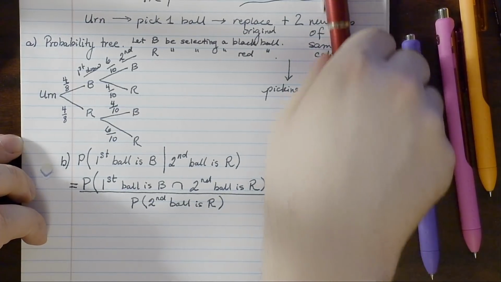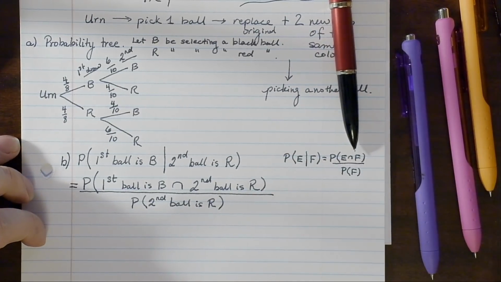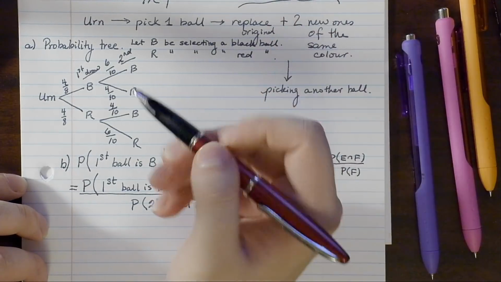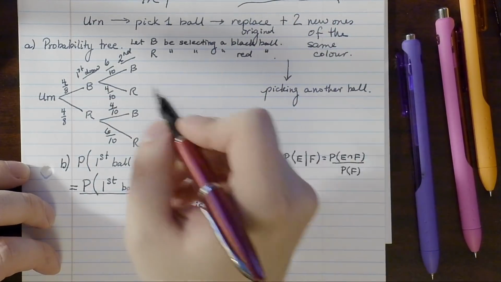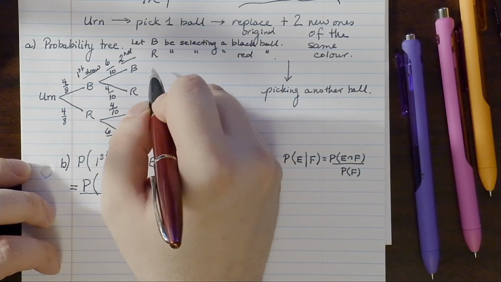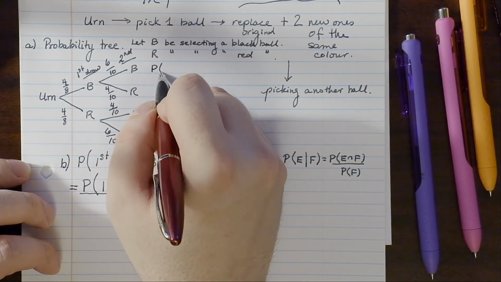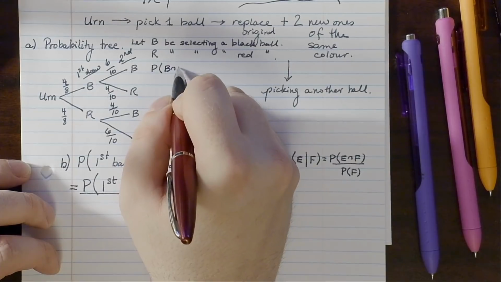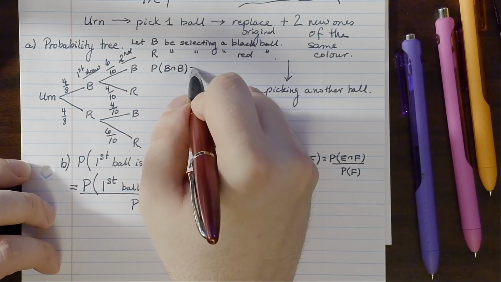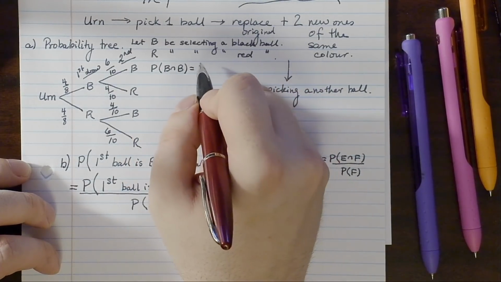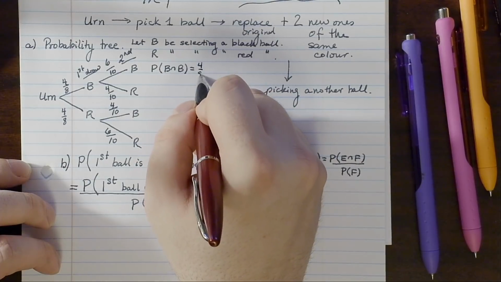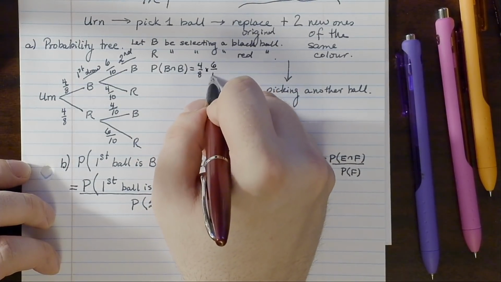Now, in my class, what we learned was, right here, I have the probability of B and B. So that is 4/8 times 6/10.